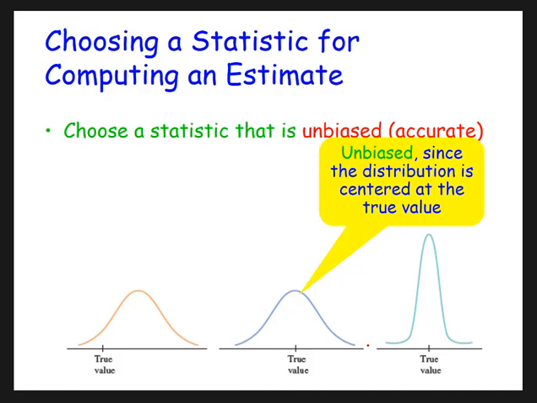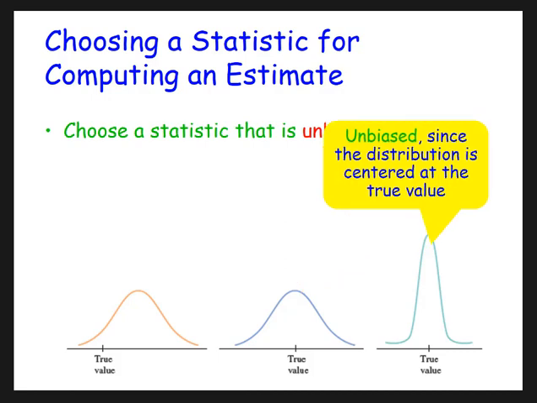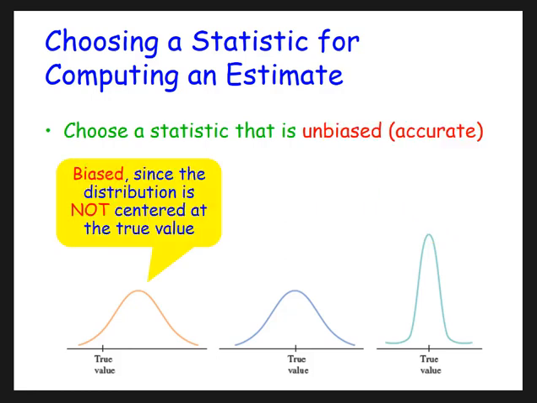We want the one that's in the middle. This one's also unbiased because its center is also over the true population value. It's just got less variation, most likely because we took a larger sample. This one is biased, however, because the center of that bell curve is not at the true population value.